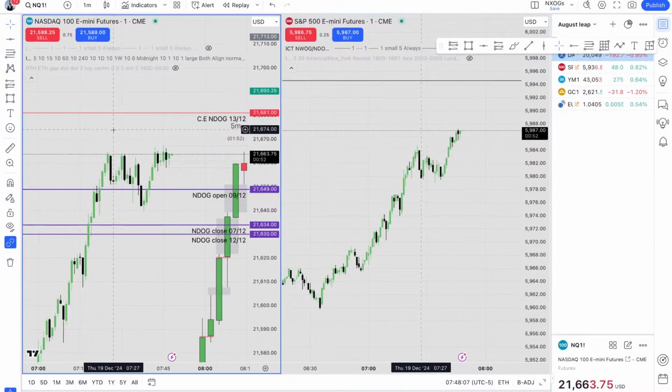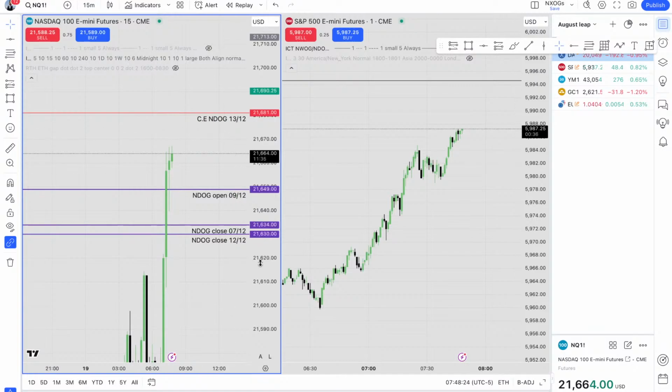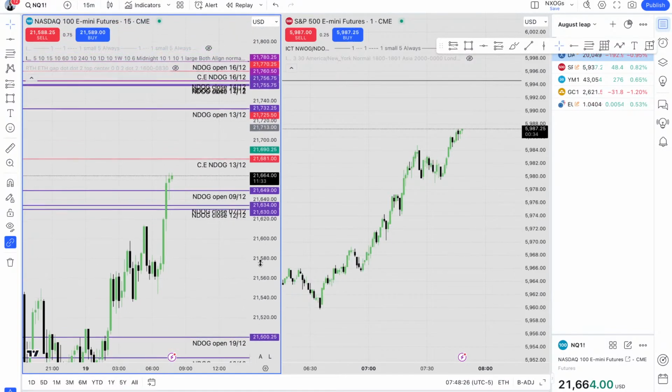I cannot emphasize enough how important it is that you take your trades in these time frames, because first it's going to restrict you from being all over the place and trading all of the time when you're looking at the charts.